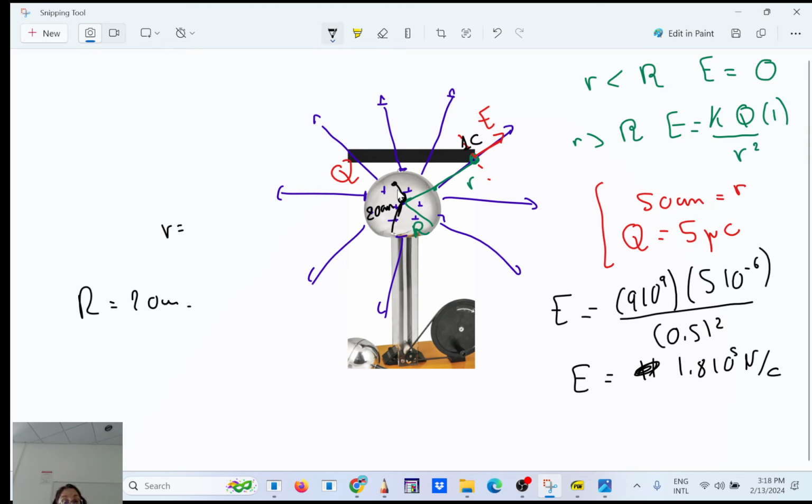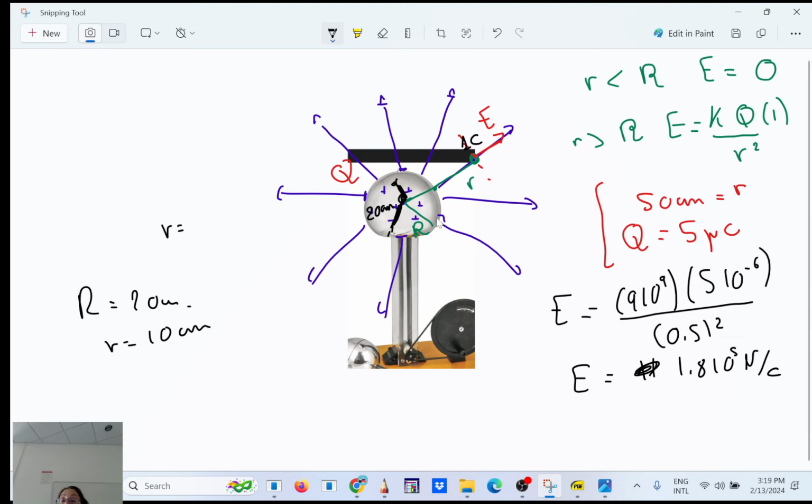So 20 centimeter is the size of your Van de Graaff. Now I'm asking you the electric field for a distance equals 10 centimeter. How do you do that? Do you jump on the equation or you think?